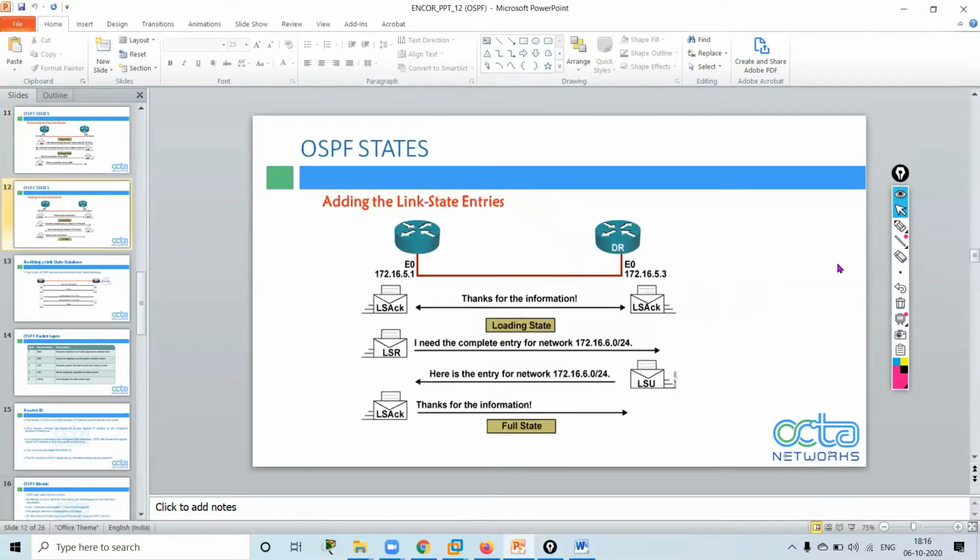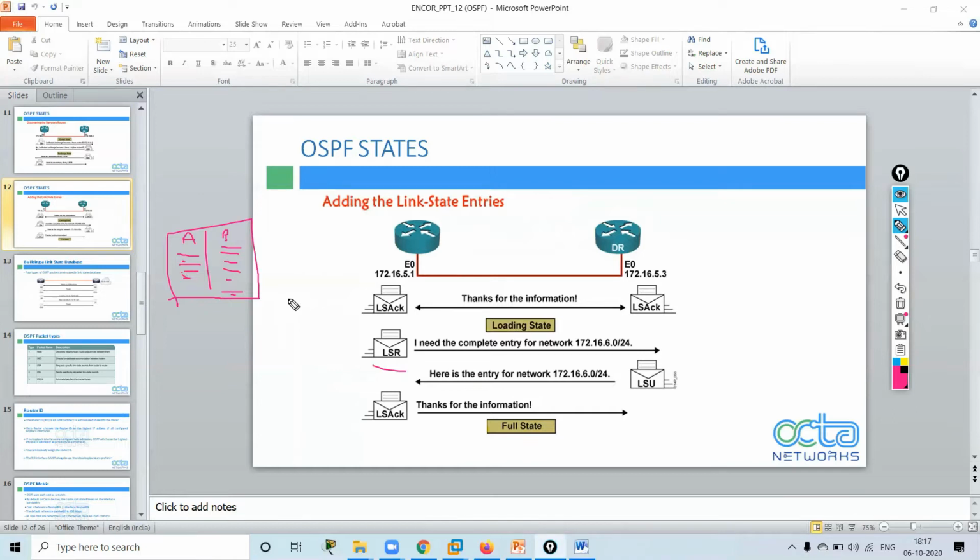Exchange state. Then comes loading. Now, what is the use of the loading state? Suppose B has sent its database table and A got the database table of B. This is the database table of A, and this is the database table of B. Now B has some extra routes which are not present in the DBD of A. In the loading state, if there are any missing routes in A's DBD, A will send an LSR packet, link state request.